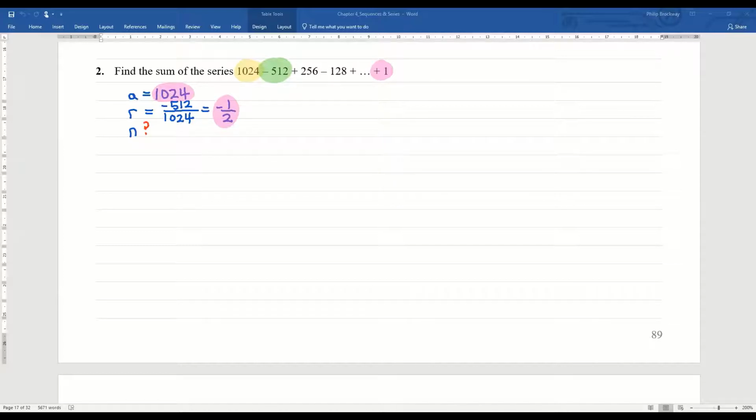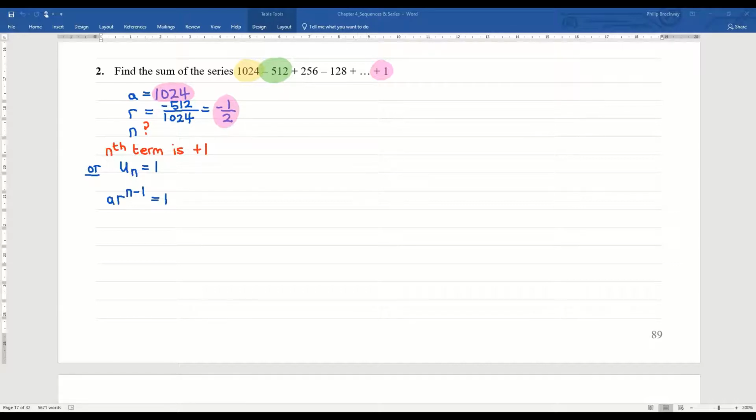So we can see here that the nth term is +1, or, as we know from previous lessons, un is just equal to 1. Now we know the formula for the nth term, don't we? This is A R to the power n subtract 1, and in this case, this is equal to 1.